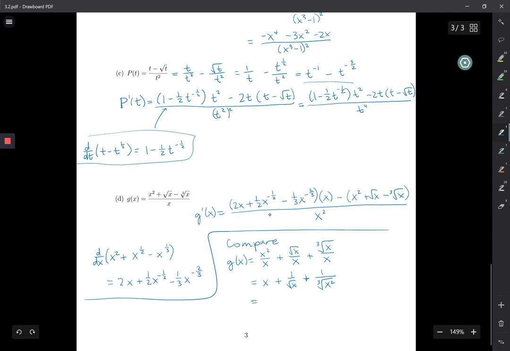So we rewrite these so that we can use the power rule on them. It would look like this.